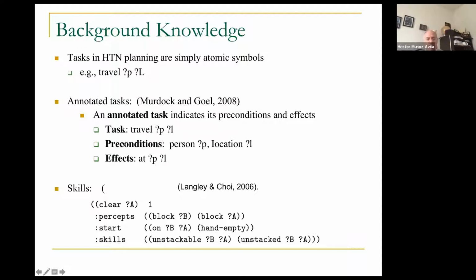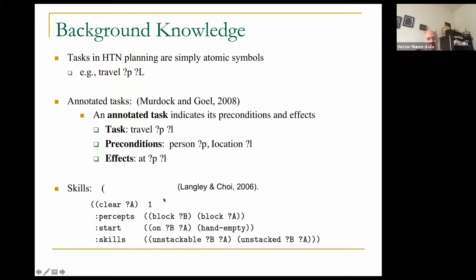And many researchers, including myself, have adopted this as an additional input for the learning problem. We are requiring that they give us the traces, but they also give us the annotated tasks, which tell us for every task what the semantics are in terms of these preconditions and these effects. So that's one way that some background knowledge is given of the tasks.